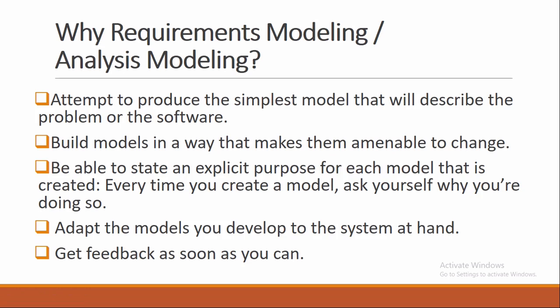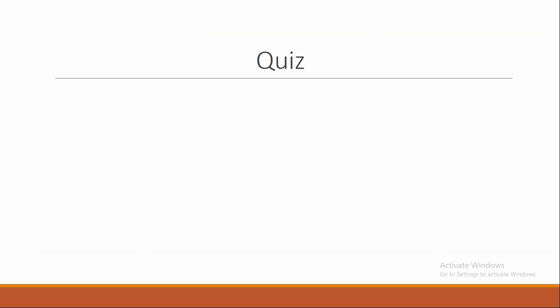Models should be easy to modify, adaptable and purpose driven. By adapting the models, you can develop the system and get feedback as soon as you can. Early feedback from stakeholders and customers helps to reduce errors and misunderstanding. That's why we require analysis modeling, or we can call it requirement modeling.